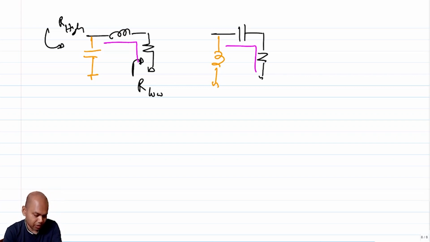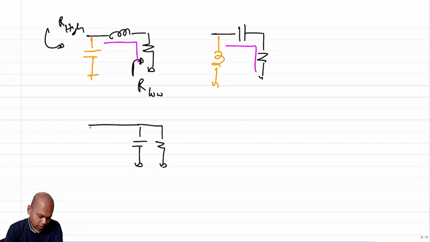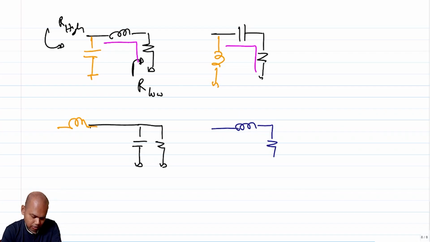Similarly, if you wanted to up convert or rather down convert, you had networks like this, right? And this, or something like this, or other.